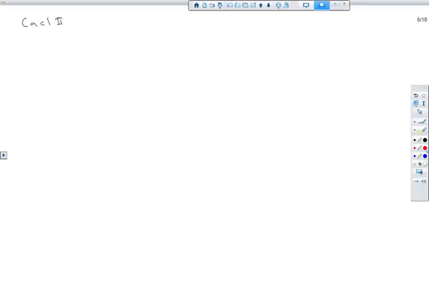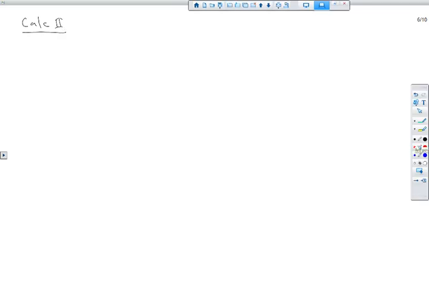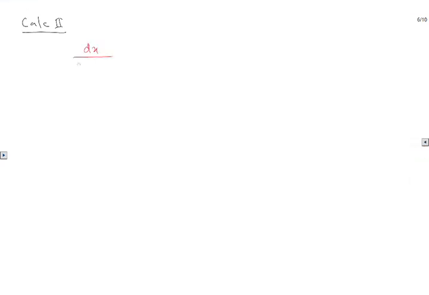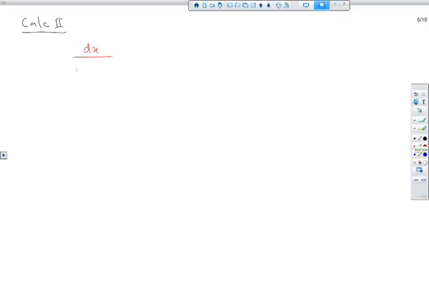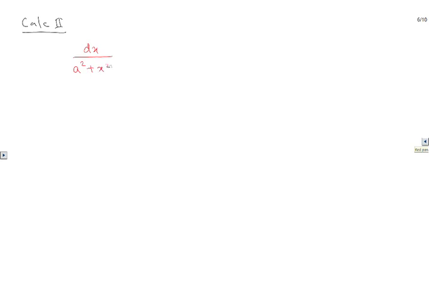So this is simply from Calc 2. What are those formulas that we learn here? One formula is the 1 plus x squared formula, or I'm going to write it as a squared plus x squared formula.